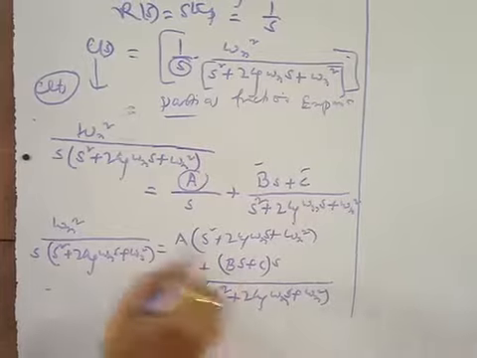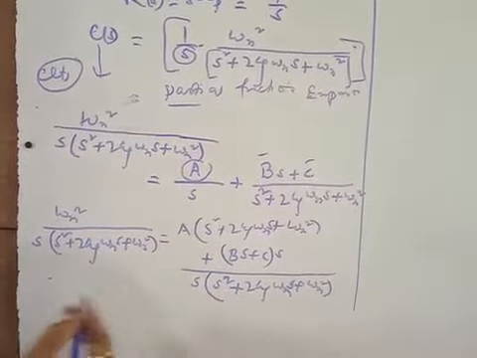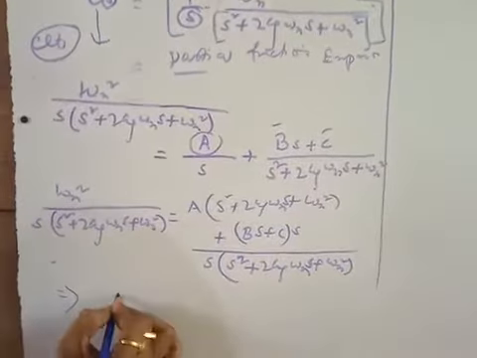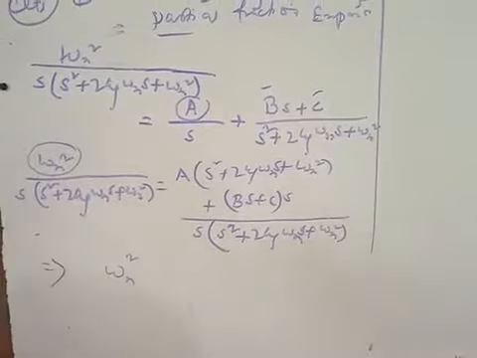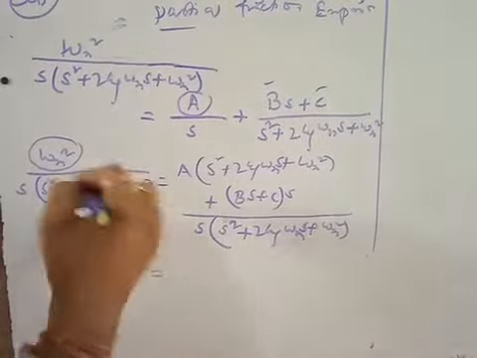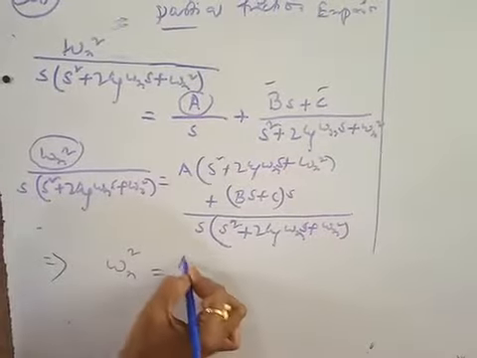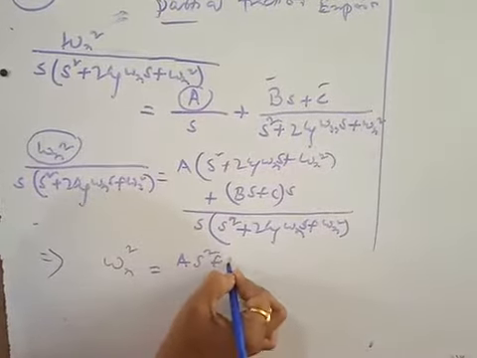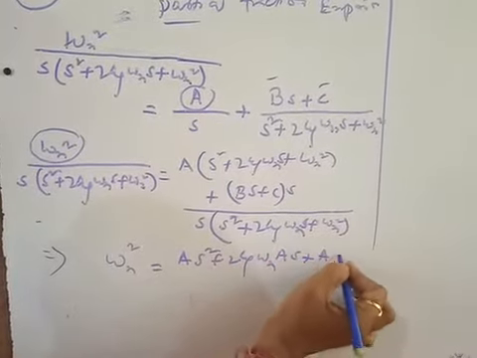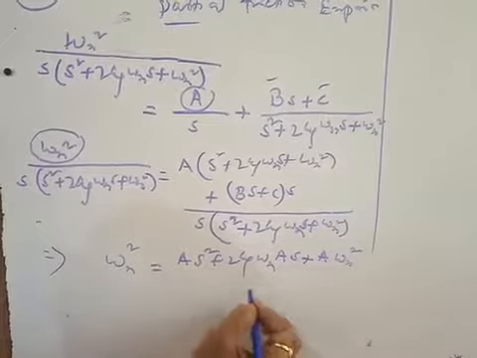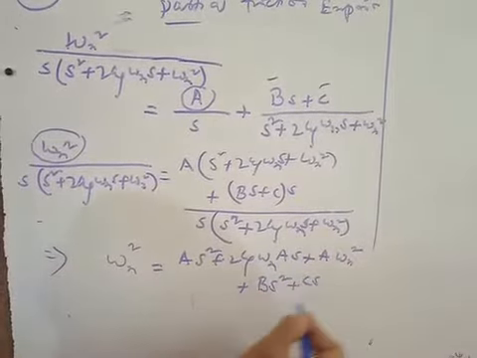So from this equation the denominators are same, so you can cancel out the denominator part, and finally we get at the left hand side only omega n square, that is the numerical part. In the right hand side you just multiply this term straightforwardly, you get A s square plus 2 xi omega n A into s plus A into omega n square plus B s square plus C into s.